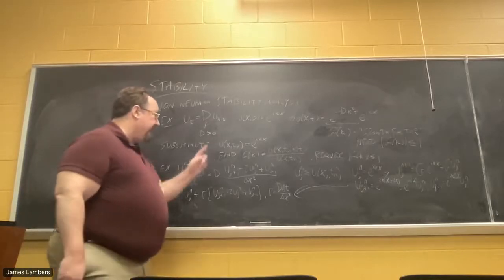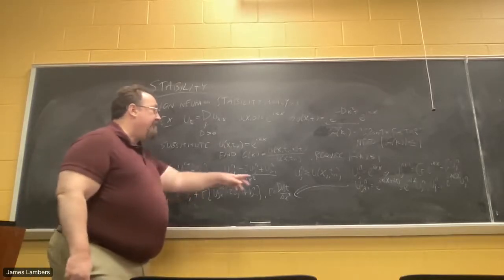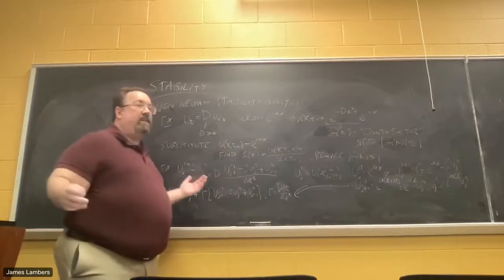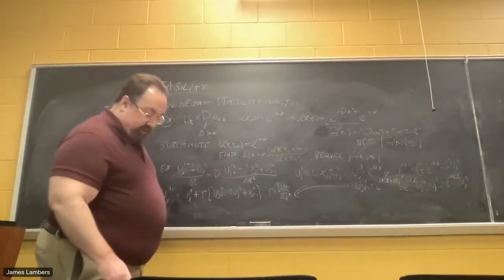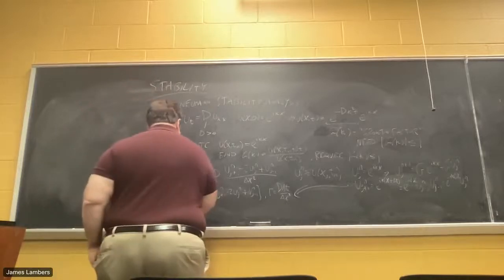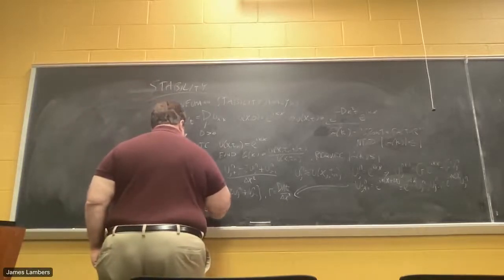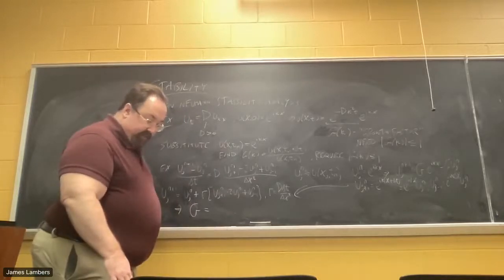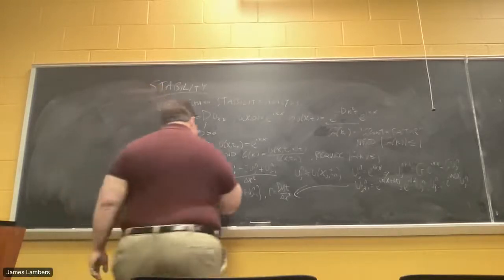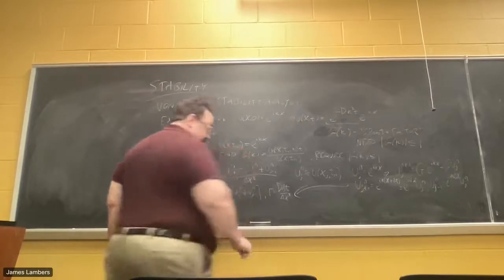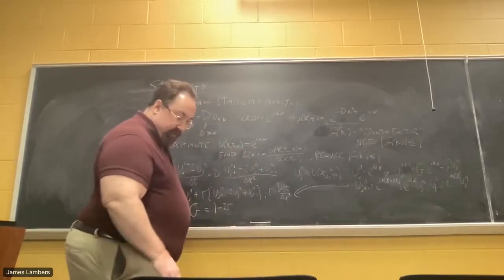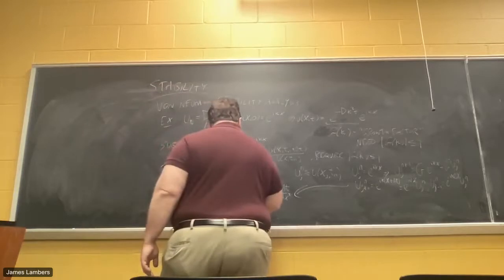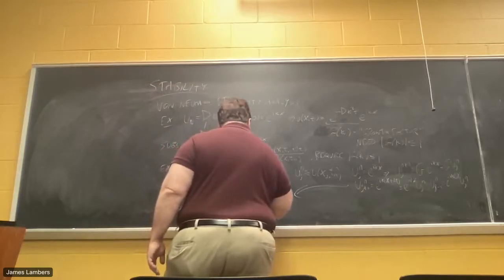Once I simplify, since U_j^n is a common factor in every term, I'll just cancel it. And then that gives me an equation for G. So my growth factor, which depends on k, but I'll write it as G, simplifies to 1 minus 2R times (1 minus cosine k delta x).